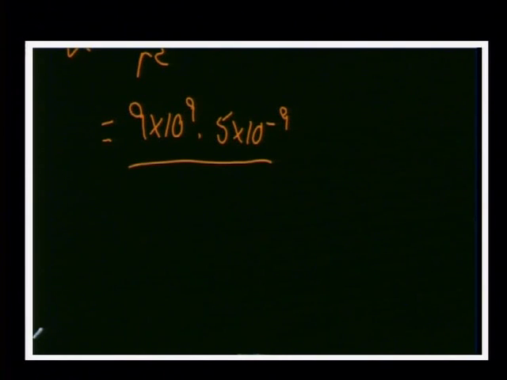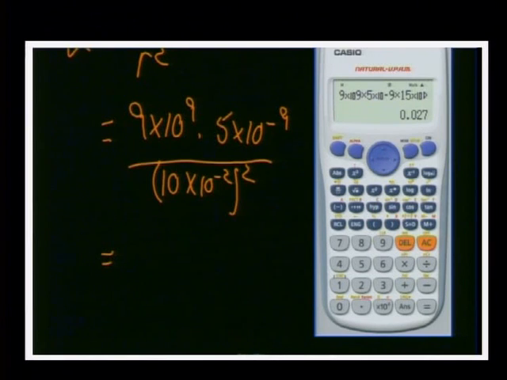You divide by 100 or multiply by 10 to the minus 2. So 10 times 10 to the minus 2, that's going to give you 0.1. I think you can see that it's not a difficult thing to work out. We need to square this, though. So when we do that, we get that all plugged in. Let's put it onto the calculator and see how we go.